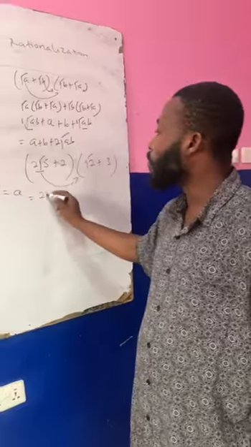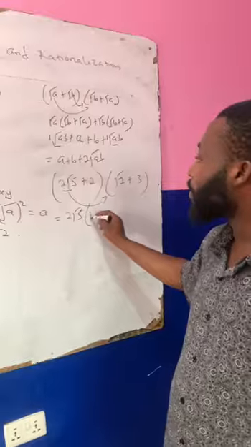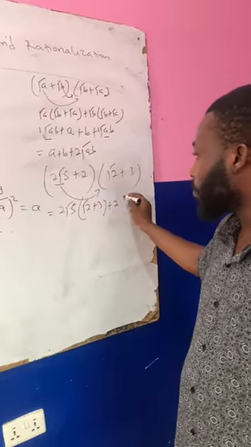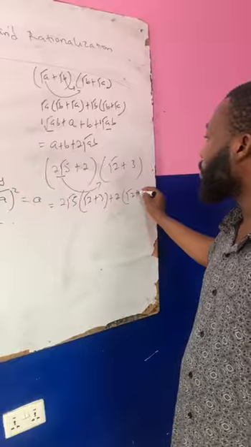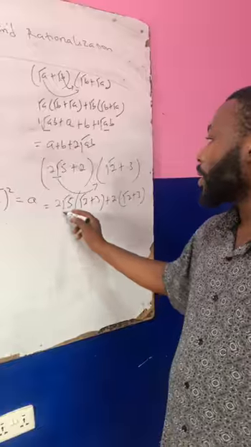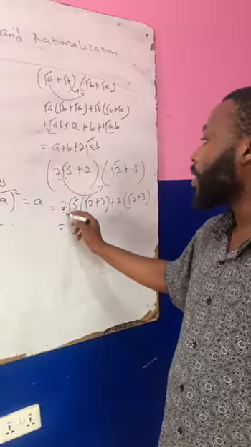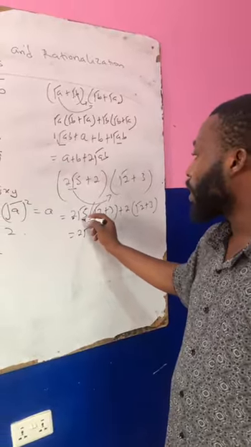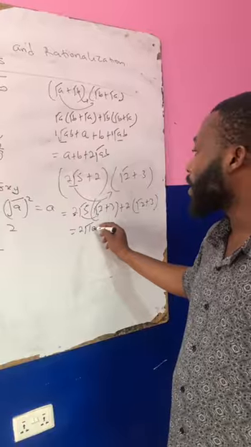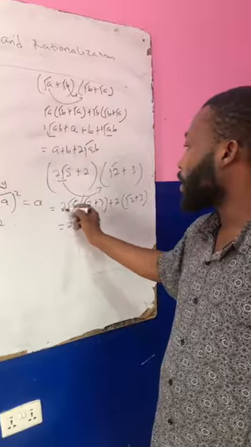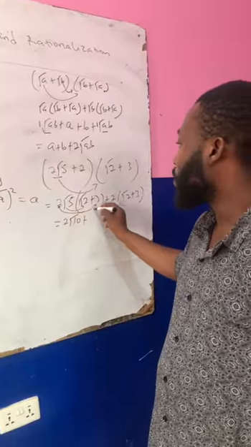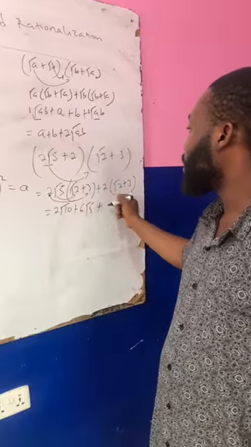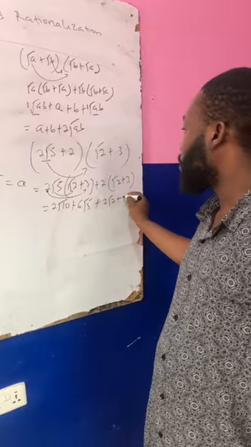So we have 2 root 5 times root 2 plus 3, then we will just expand. We have a coefficient of 2 and a coefficient of 1, so we multiply the coefficients, then we multiply the radicals, which will give us 2 root 10, plus 2 root 5 times 3, which is 6 root 5.